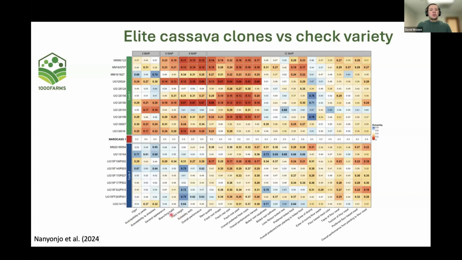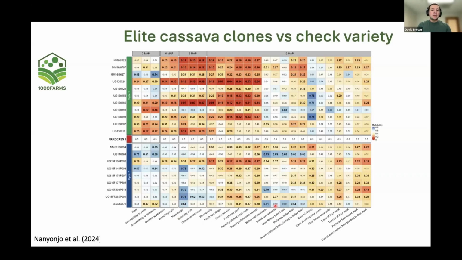So we could see that some of the varieties perform better for agronomic traits, measured mostly in the early stages and then 12 months after planting, and we have a bit more food quality traits.